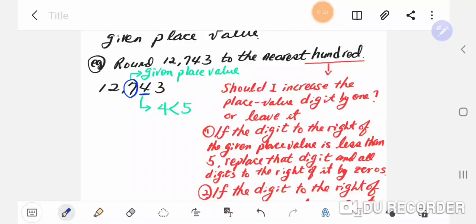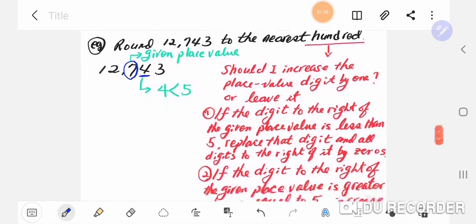If it is less than 5, then just leave it and place all the digits to the right of the place value equal to 0. So in this case, since 4 is less than 5, we'll just leave 7 as it is, and then make 4 and 3 equal to 0.